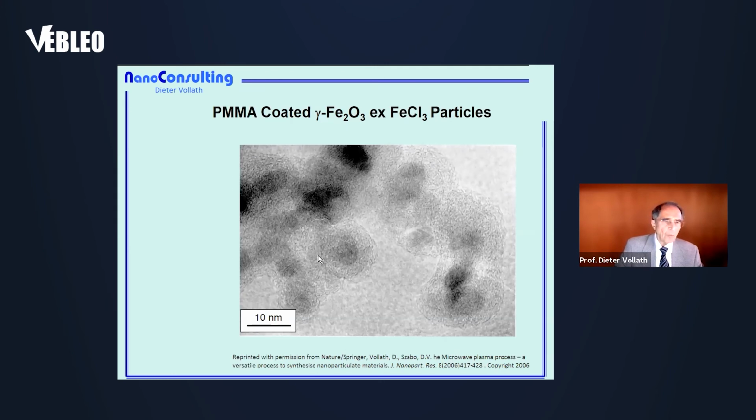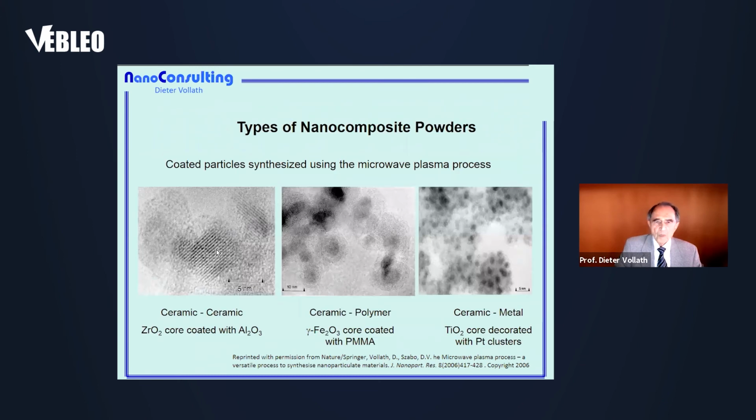I've shown now a ceramic particle coated with a second ceramic material. Now, we also may have a ceramic particle coated with a polymer. That's what we see here. Now here, a summary of the types of nanocomposite powder.